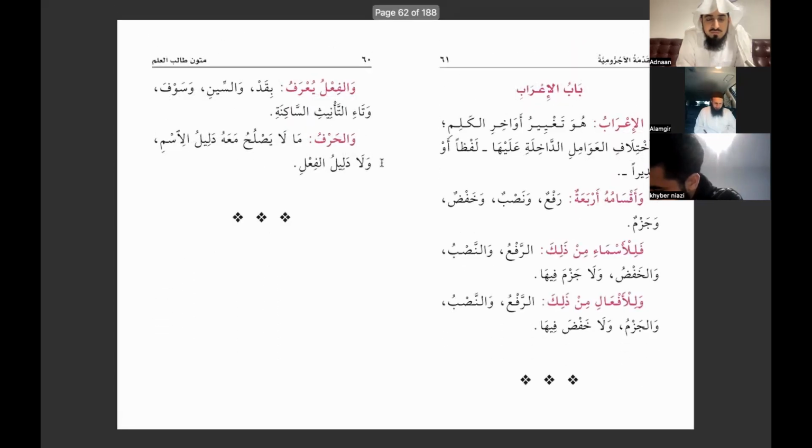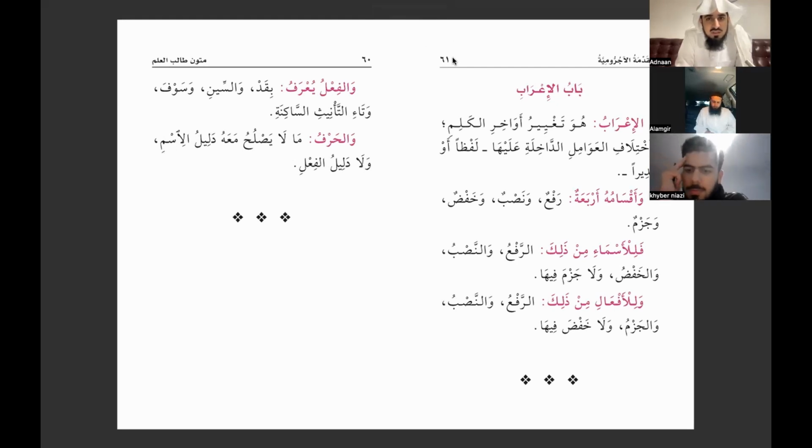And you can't put qad. You can't say qad fi. And you can't say si fi. And you can't say sawfi. So the minute all these clues cannot work on a word, then it becomes a harf. وَالْحَرْفُ مَا لَا يَصْلُحُ مَعَهُ دَلِيلُ الْإِسْمِ وَلَا دَلِيلُ الْفِعْلِ.